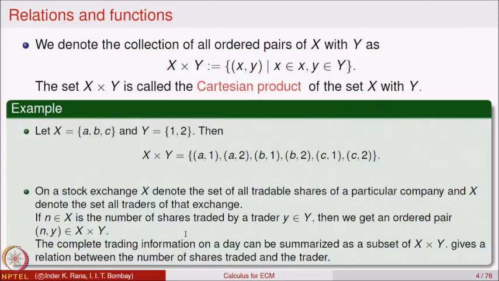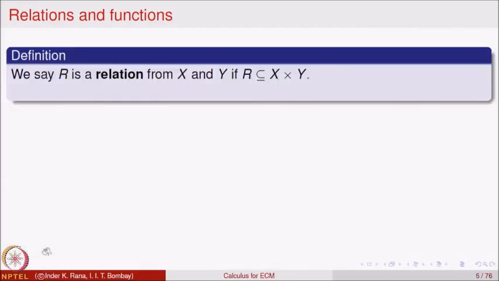So, that is the importance of the Cartesian product X cross Y. So, subsets of X cross Y signify some kind of relation or activity happening between elements of X and elements of Y. So, this motivates one to define the concept of what is called a relation.